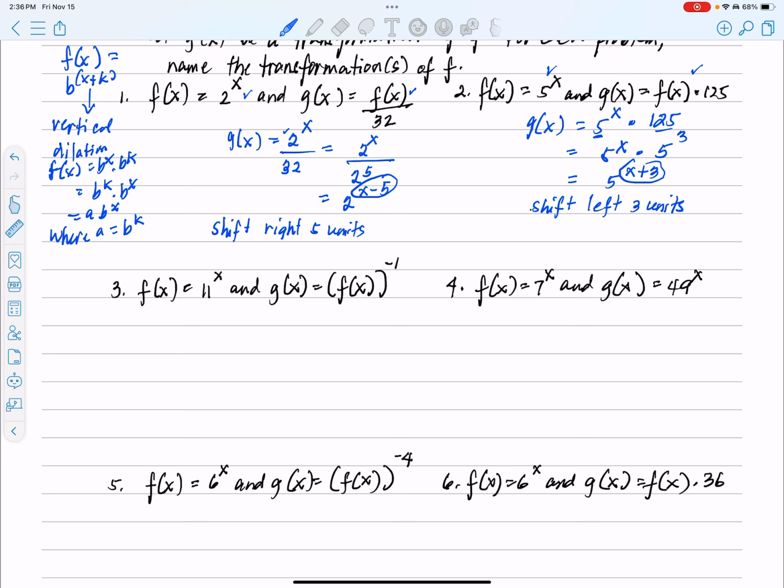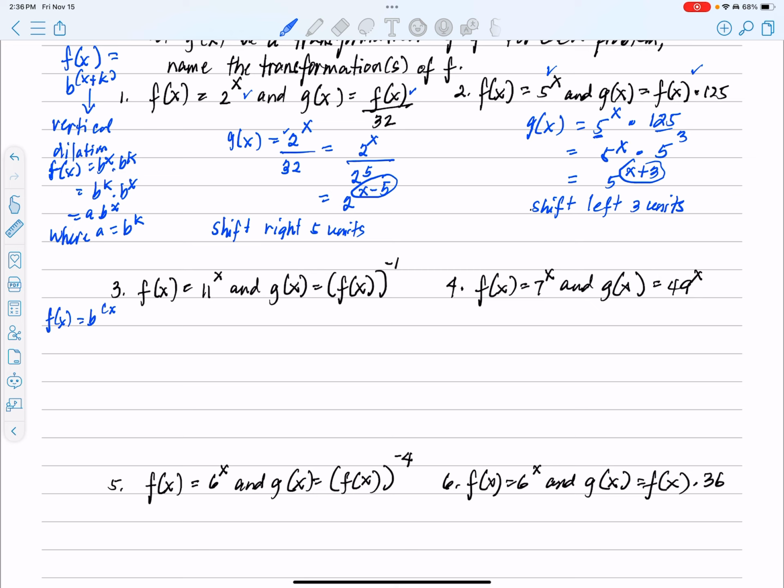When we say horizontal dilation is taking place, if you have f of x, that would be b to the power of c times x as an exponent, and there will be a change of the base of the exponential function.